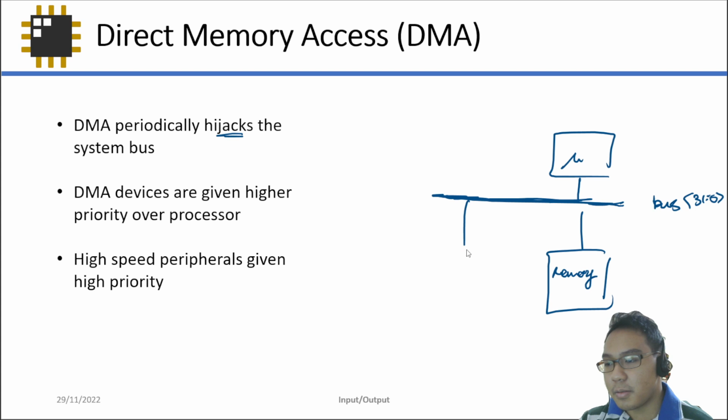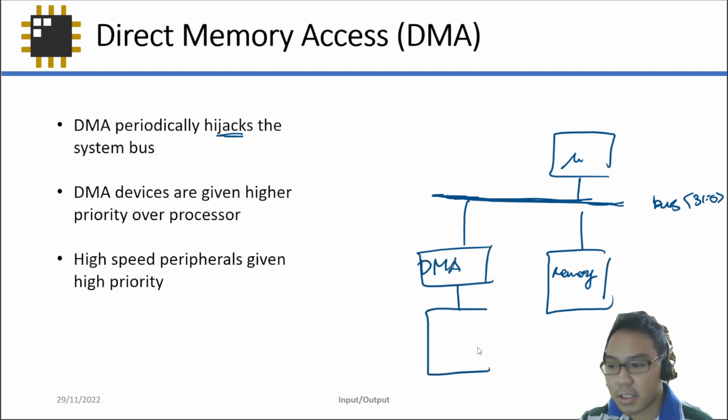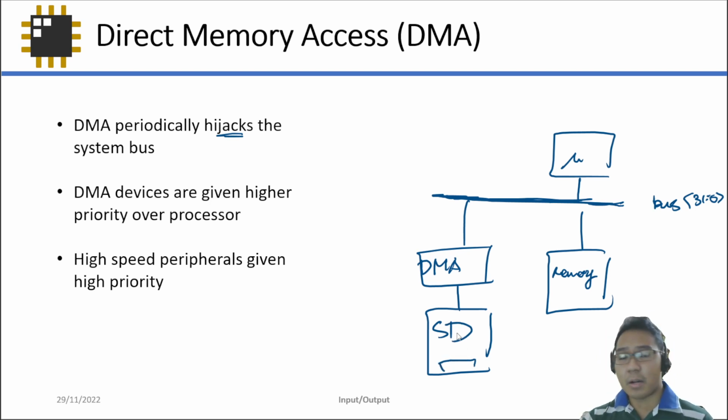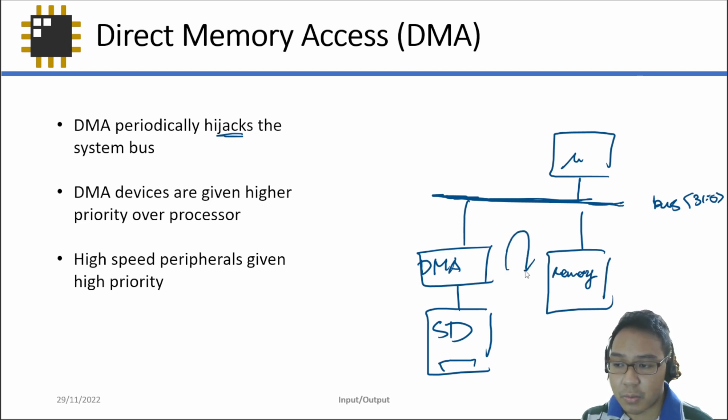And we also have, for example, the DMA controller, which is connected to the SD card. Now, the DMA devices are given higher priority over the processor in control of the system bus. So, say, the processor tells the DMA to read a bunch of stuff from the SD card and transfer it to the main memory for the microcontroller to work with.